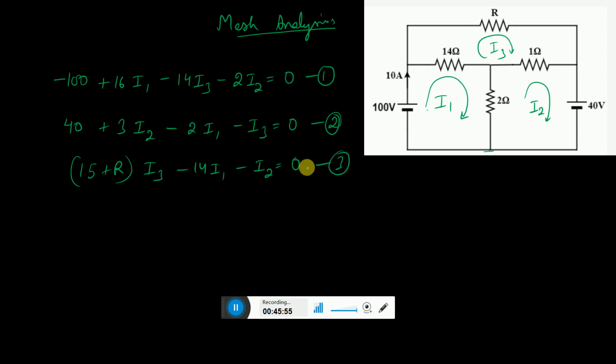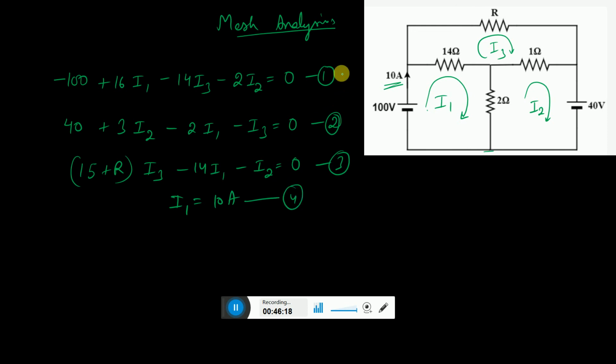So you have 3 equations to solve and the number of variables is 4, so you must be lacking something. The other one is that I1, the mesh 1 current, is the 10 ampere flowing in this branch, so I1 must equal 10 ampere. This is equation 4.